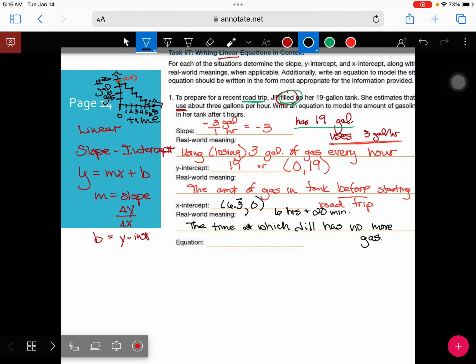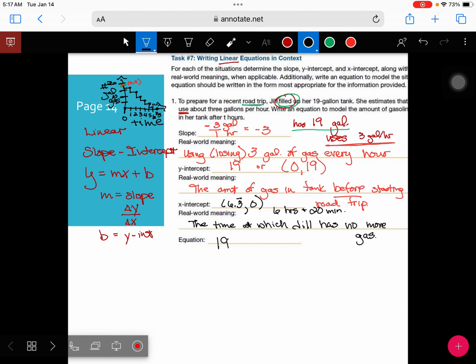Well, the information given says that she had a 19-gallon tank. So for her, she started out with 19 gallons. She is using 3 gallons per hour.